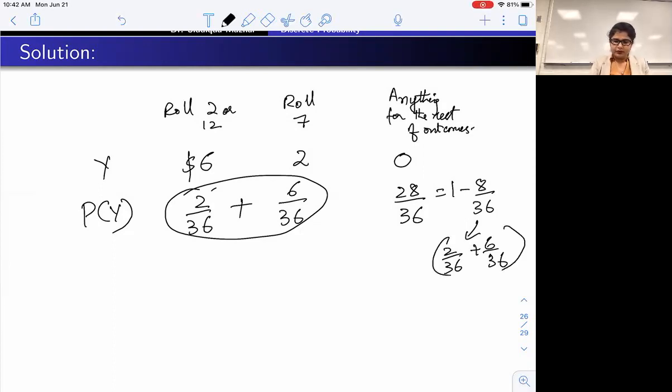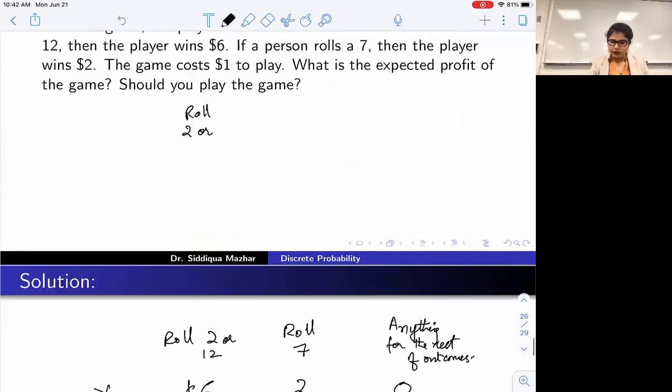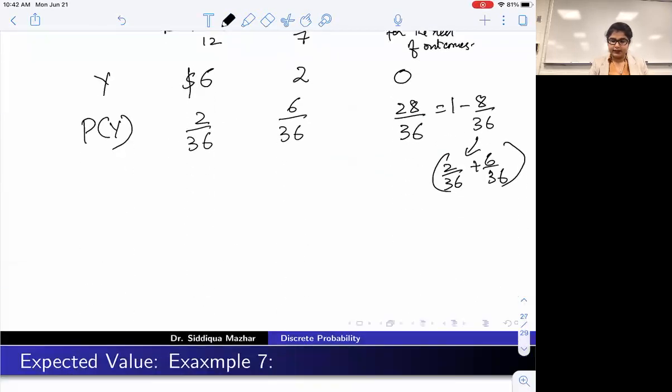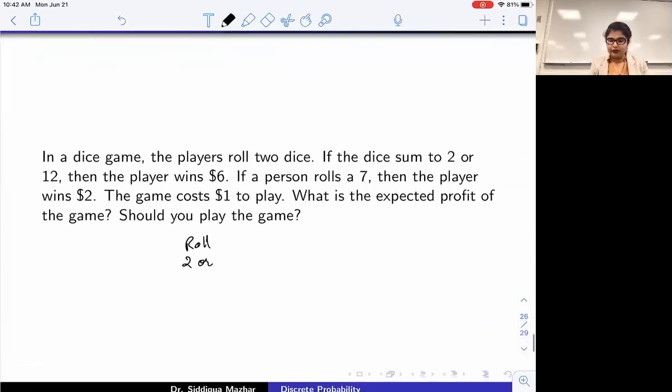Now we have to calculate the expected payout for the gambling, right? For this game, what is the expected profit we have to figure out? Sorry, not payout, the payout we know. The profit we have to find.